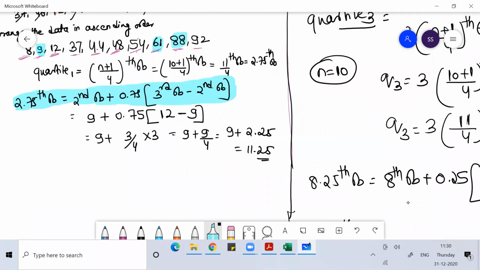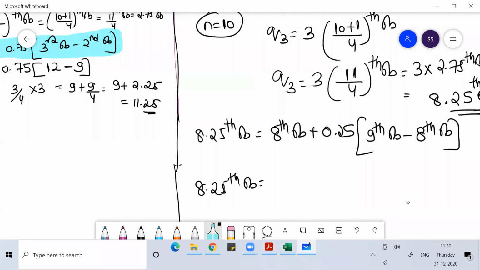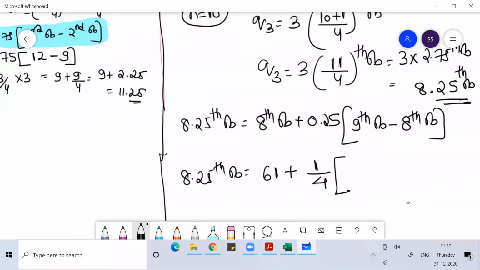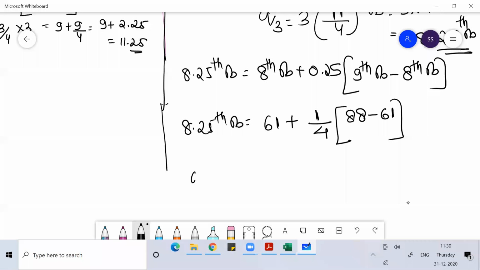So the 8.25th observation is 61 plus 0.25, which is 1 by 4, into (88 minus 61), that is 61 plus 1 by 4 into 27.